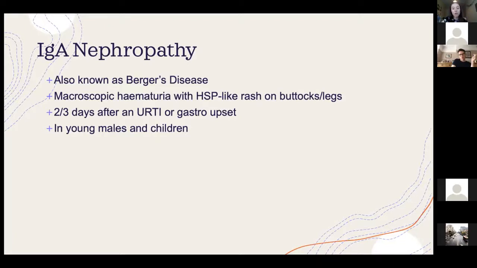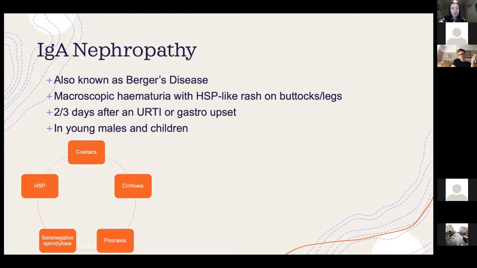It's usually associated with a 2 to 3 day history of an upper respiratory tract infection or gastrointestinal upset. That's the important thing: with IgA nephropathy, it's only 2 to 3 days after an infection, and it's usually in young males and children. You might get teenagers, but it's often around 10 years old and that age group.